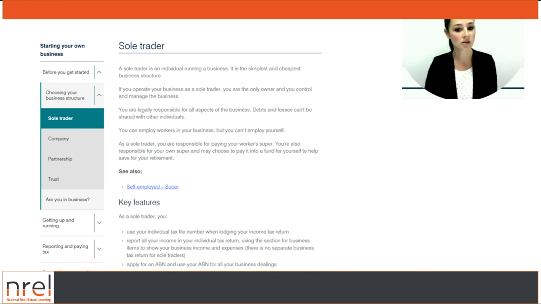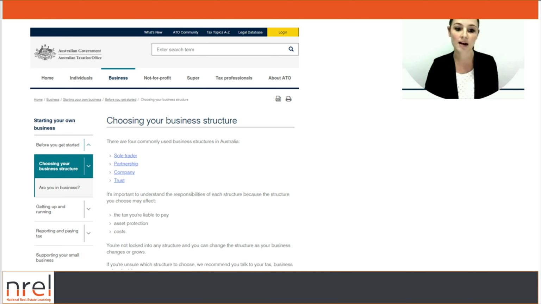For example, a sole trader is the simplest and cheapest business structure you can choose, as it has few legal and tax formalities. So that would be an advantage of operating as a sole trader. It will then go into all the different requirements of a sole trader. You can also have a look at partnerships, companies and trusts from this website also.